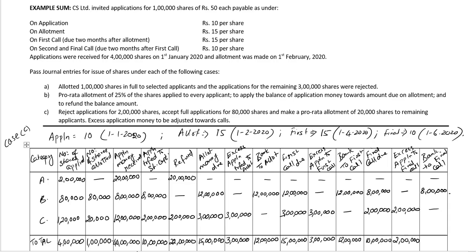And bank to final call 8 lakh rupees. So we've completed the table with 6 additional columns. Let's use the help of the table to pass the journal entries.